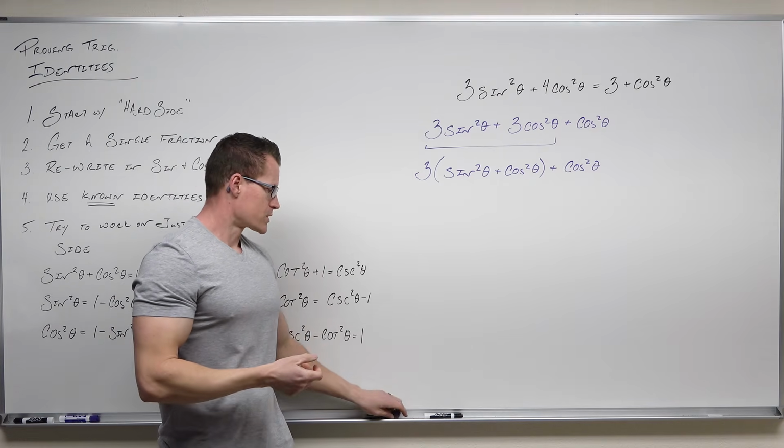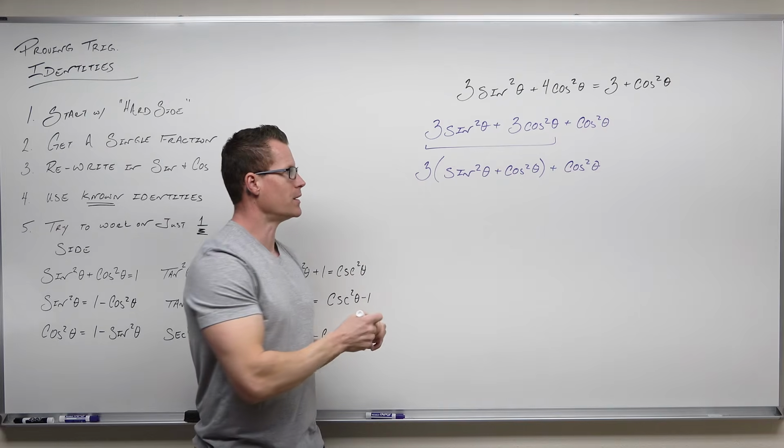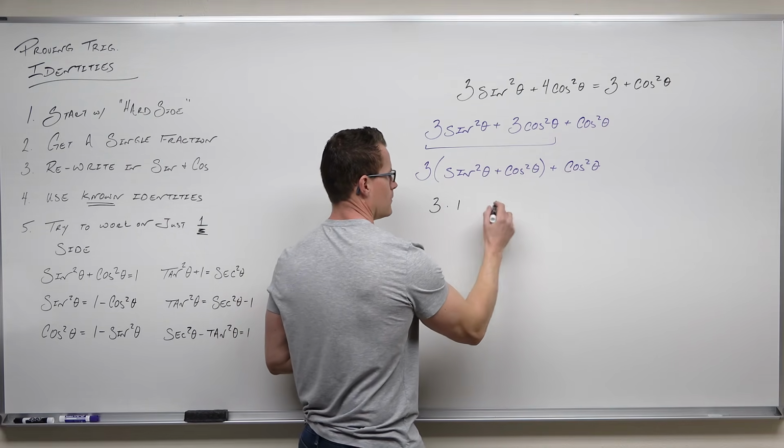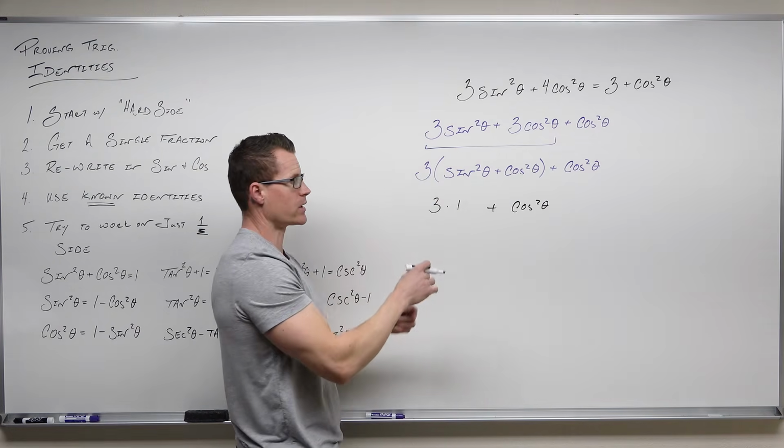So sine squared theta plus cosine squared theta, that's one of our Pythagorean identities. That's 1. So this is 3 times 1. And that's exactly what we're trying to prove.